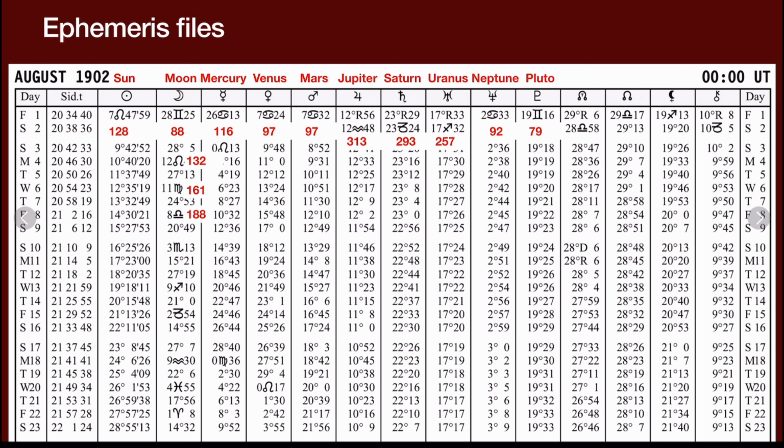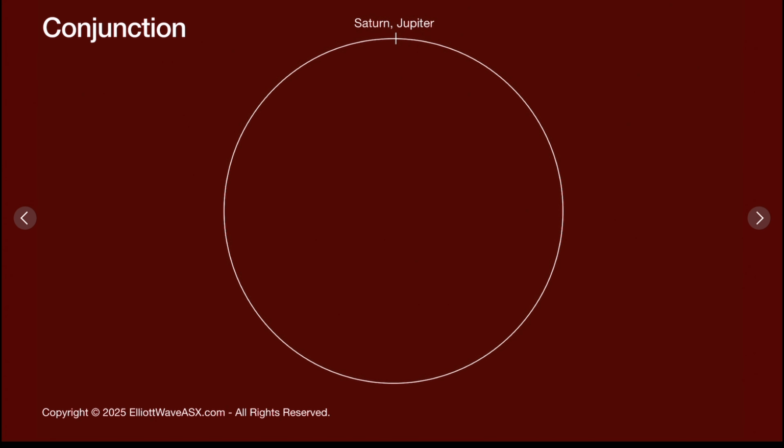With Gann's work, it's the relationships or angles between the planets, that is, the number of degrees they are apart, that is what's important. Or, of course, when they are at the same degree. If the planets are at the same degree, it's called a conjunction, or the planets are conjunct.